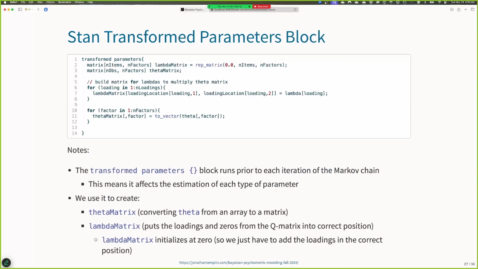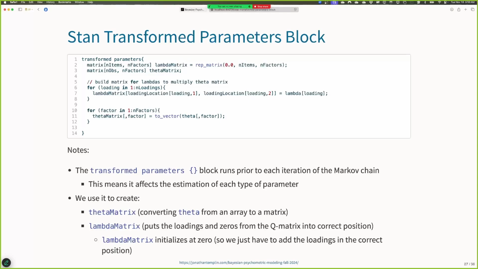So now that was transform data. Do you remember transform parameters? I think we used that previously. Transform parameters allows us to reshape parameters we're using in the model block itself. So transform data, remember, runs one time. It happens after you import your data. Transform parameters occurs after every iteration of your Markov chain, right?